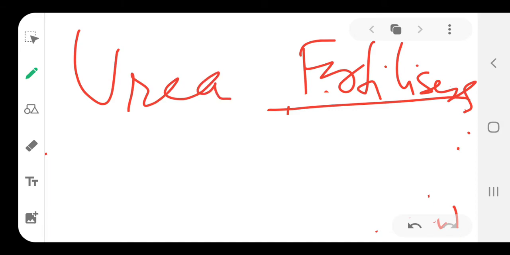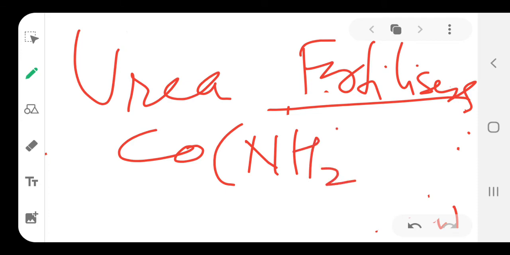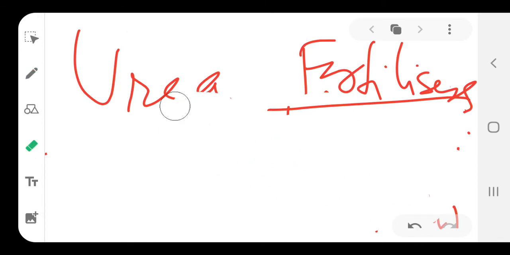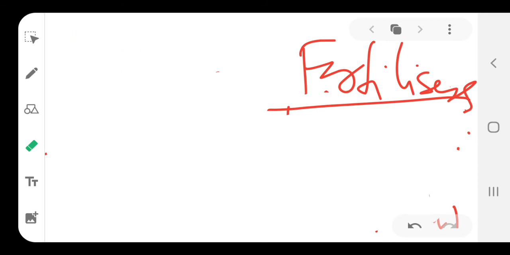Underline the formula for urea. You can write CONH2 twice. So this is the formula for urea. Then the second fertilizer, as the name suggests, is the abbreviation CAN. Underline the name and write it down properly.